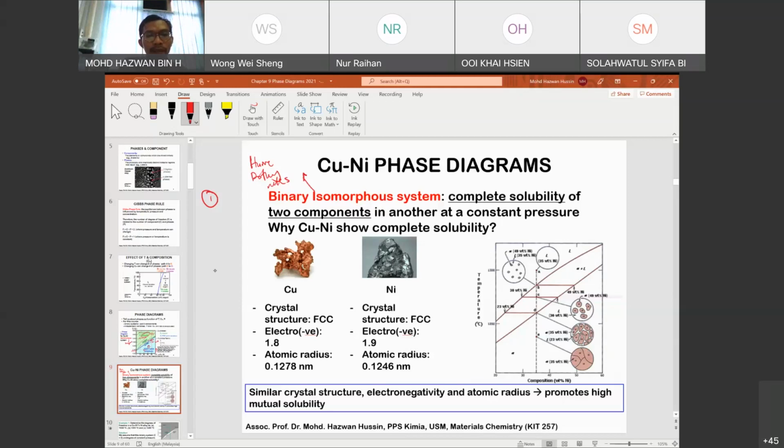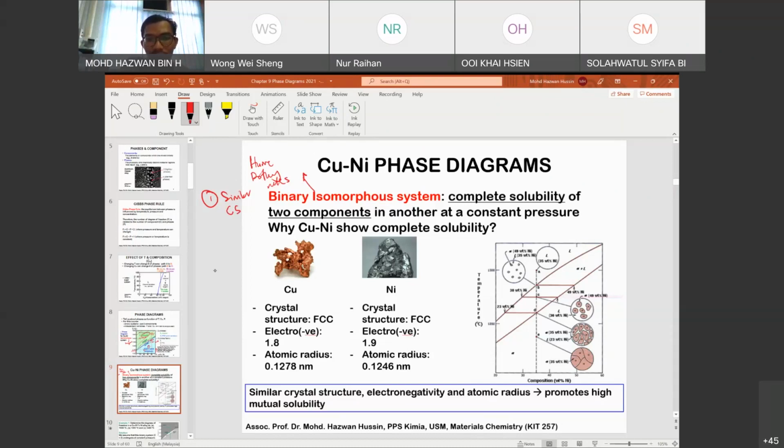The most important point in Hume Rothery is to have similar crystal structure. If the difference in atomic radius is not much, but the crystal structure is not the same, it is not going to produce an isomorphous system. So always remember, the priority in Hume Rothery is to have similar crystal structure.